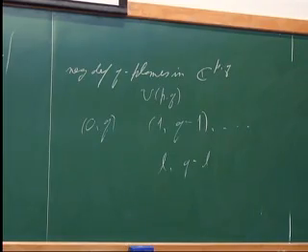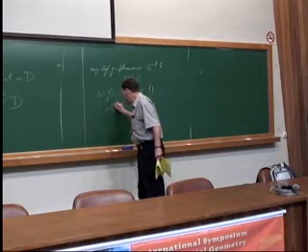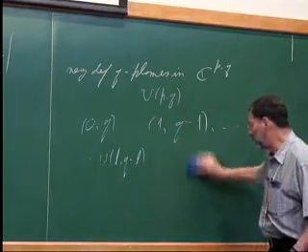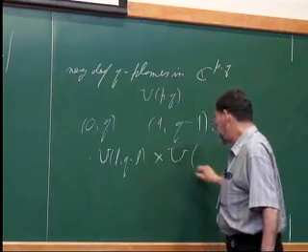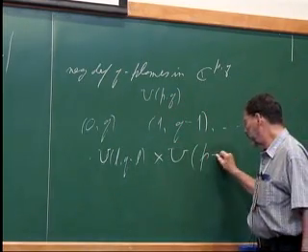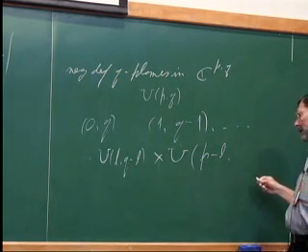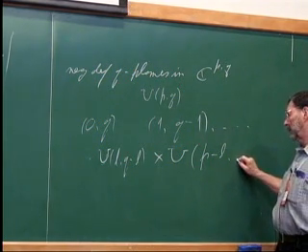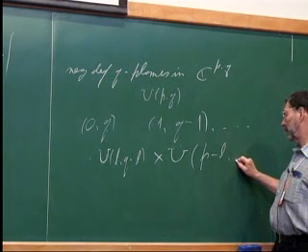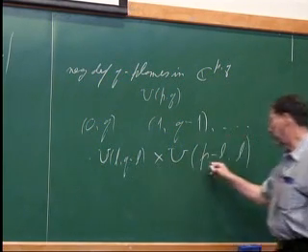Its stabilizer inside that unitary group would be U of L and U of Q minus L, for preserving the Q-plane, and then while you're at it, you have to preserve the orthogonal complement: U of P minus L and U of L. This has to add up to Q, and this has to add up to P.